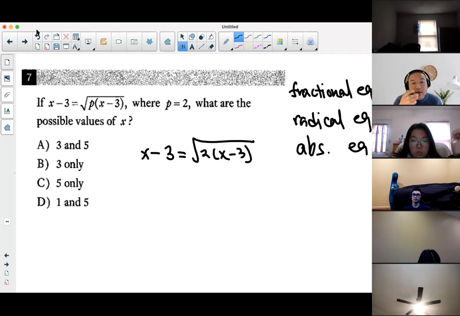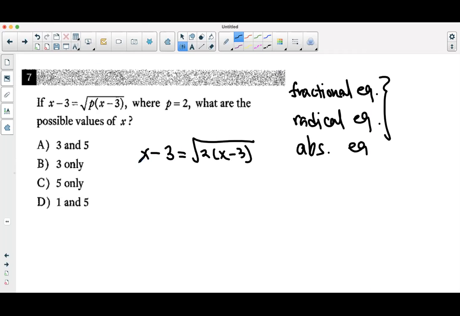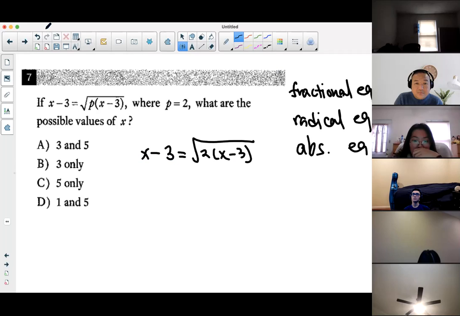You know why? Because when we are solving these questions at school, including myself, what do we ask you guys to do? We ask you to square both sides and find the values of x. Once you find the value of x or values of x, I need you to plug those values back into the equation and check it. You see, we want you to check the answers anyway.